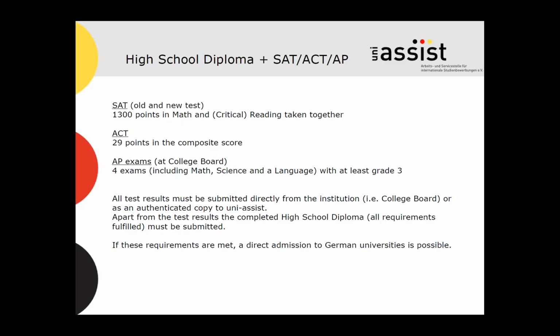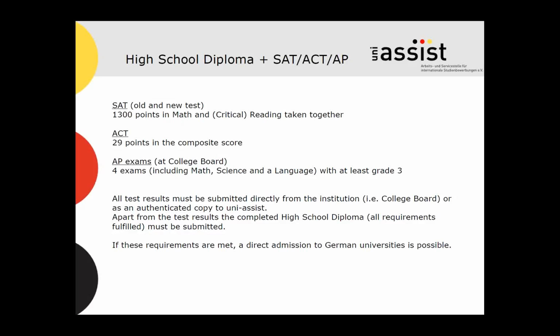And the third option is the AP exam at College Board, and you need 4 exams, including math, science, and a language, with at least grade 3. All test results must be submitted directly from the institution, from the College Board, or as an authenticated copy to Uni-assist.